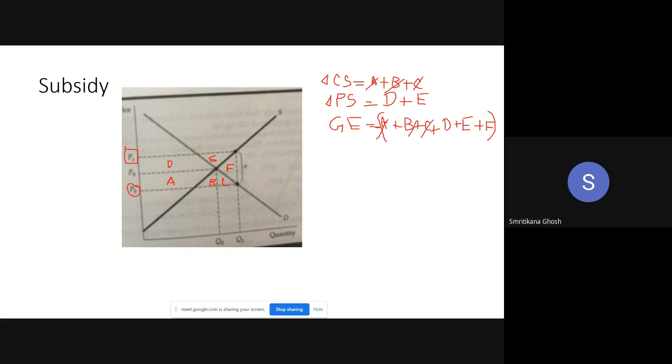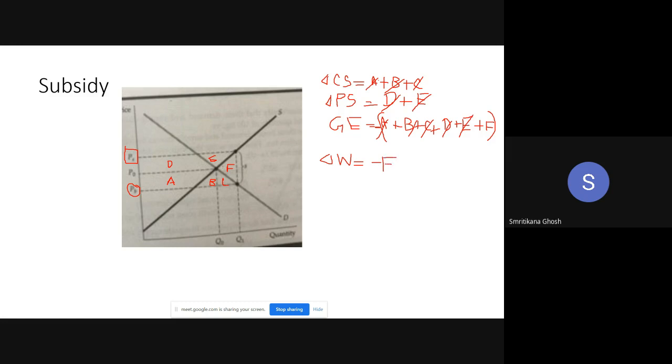Done. Now D and E, these are received by the producer and it is given by the government. But what about F? F is also given by the government, but no one is receiving it. So change of welfare or the deadweight loss is minus F. Is it okay?